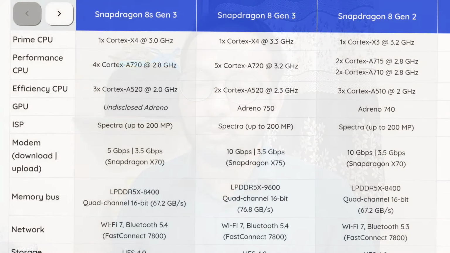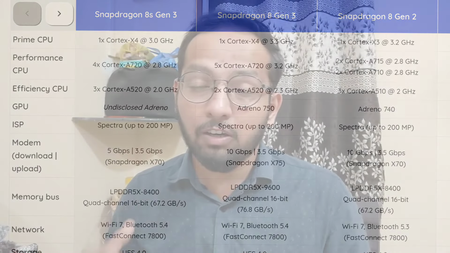Just the configuration, the way both chipsets have divided the 8 cores, is a difference. Both chipsets have Cortex X4 cores, Cortex A720 cores, and Cortex A520 cores. So core-wise and even manufacturing-process-wise, both chipsets are very much the same.